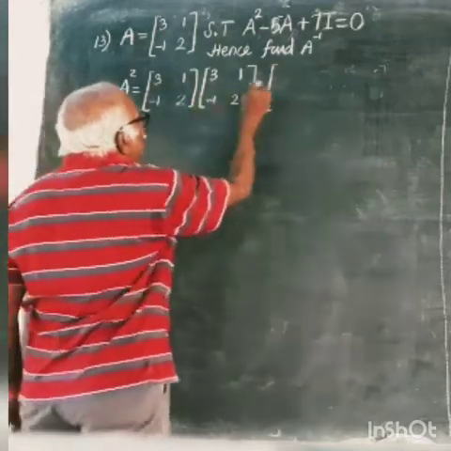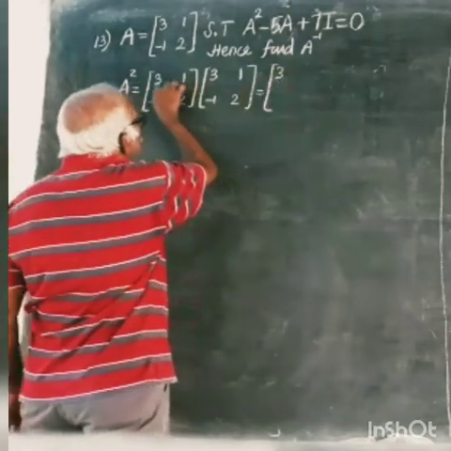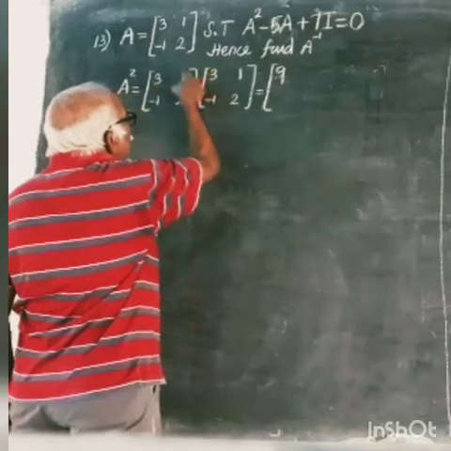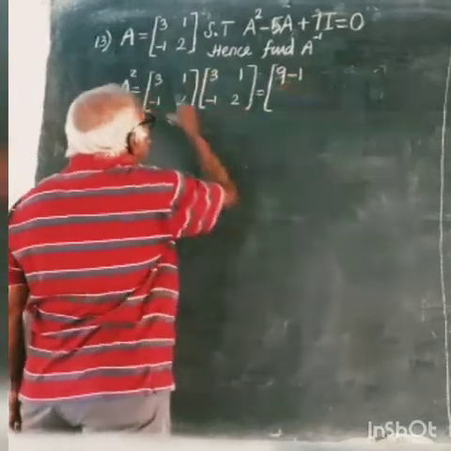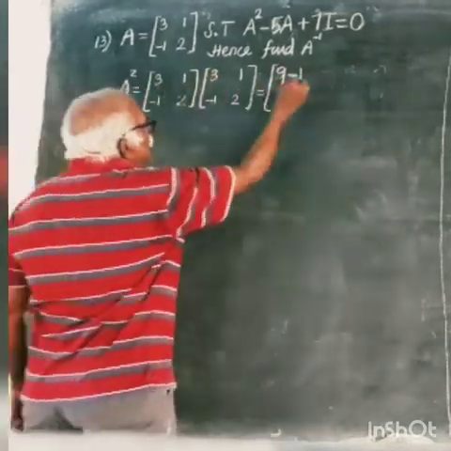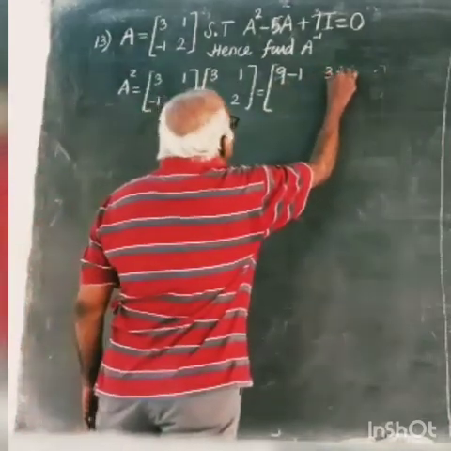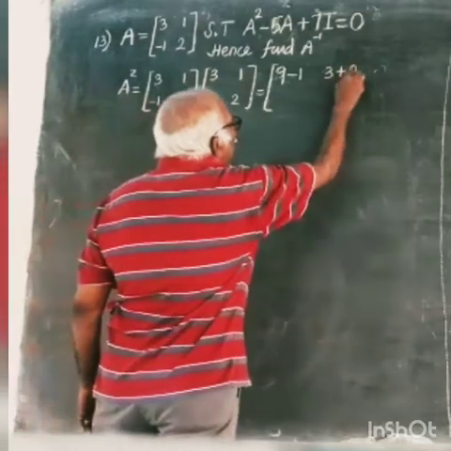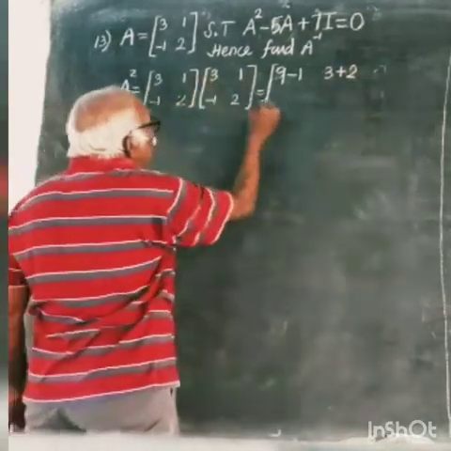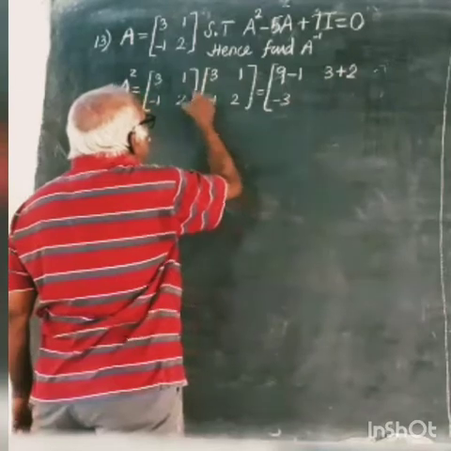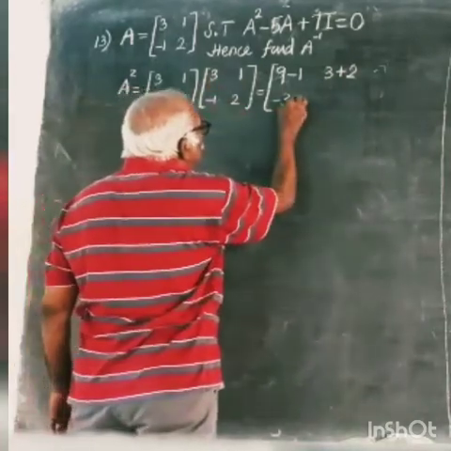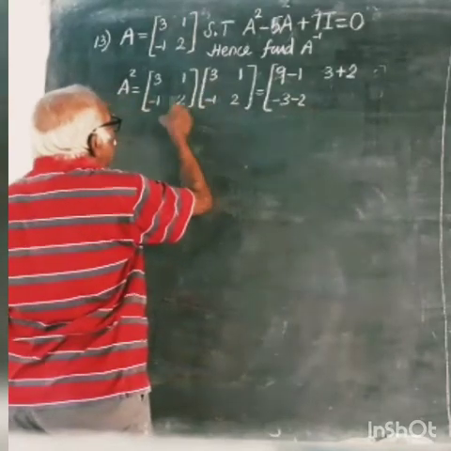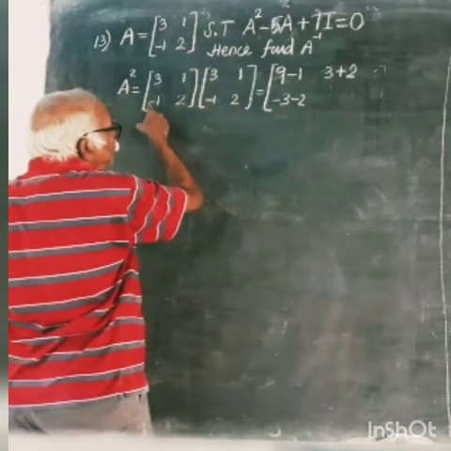First row, first column: 3 into 3, 9, plus 1 into minus 1, minus 1, so 8. 3 into 1, 3, plus 1 into 2, 2, so 5. Minus 1 into 3, minus 3, plus 2 into minus 1, minus 2, so minus 5.